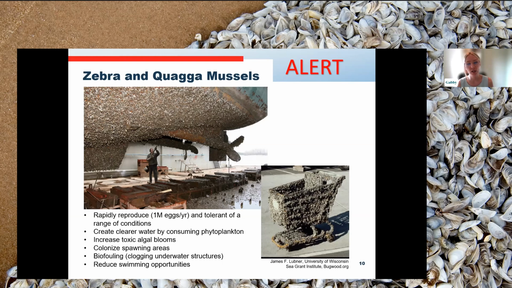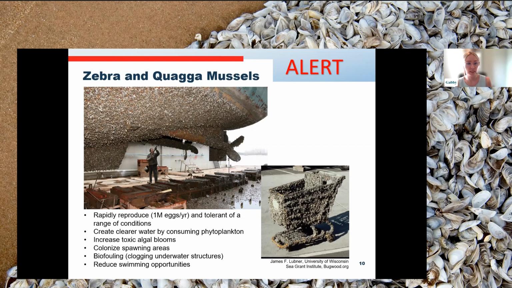And they can also tolerate a wide range of water conditions. They tend to create clearer water. So essentially, they're really great at filtering out phytoplankton, but phytoplankton is also a really important part of our food chain and supports our native aquatic life. So by removing that phytoplankton, you're starving our ecosystems of a lot of essential nutrients.